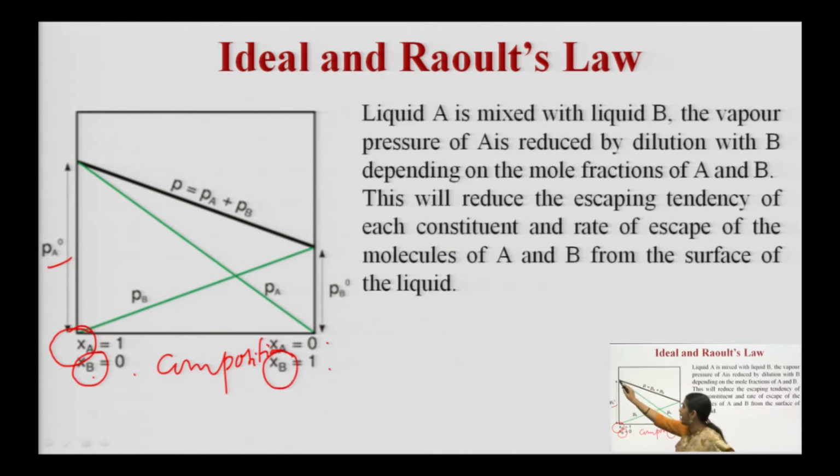So, at this point on the axis it denotes the vapor pressure of pure A, only for the constituent A, and you can see that as we move from A to B.